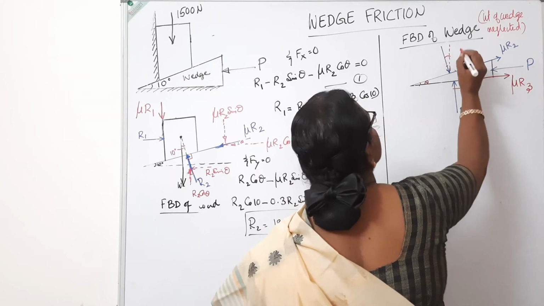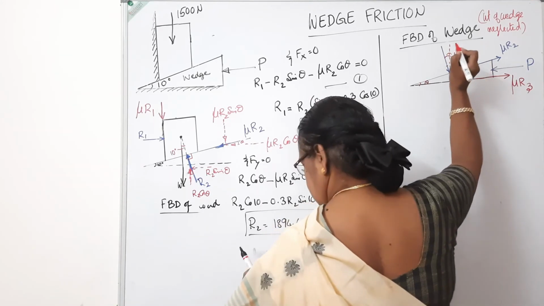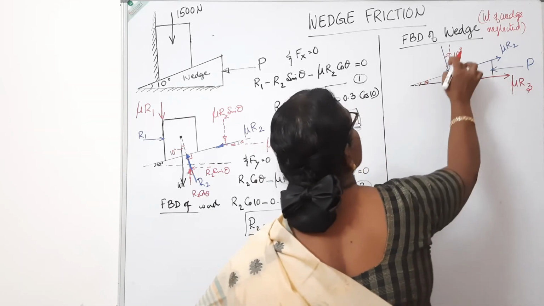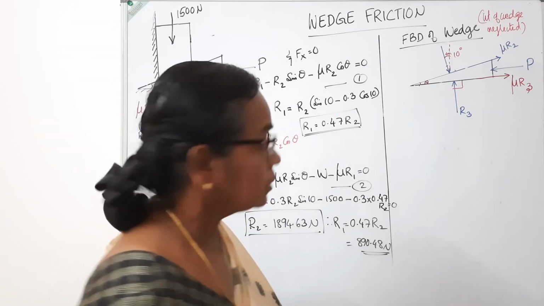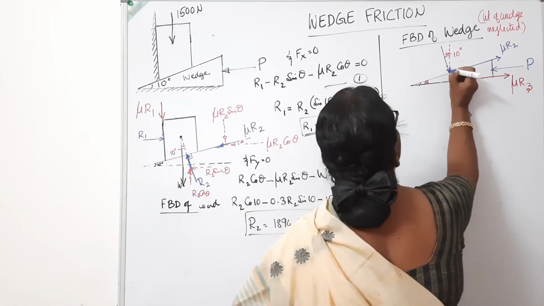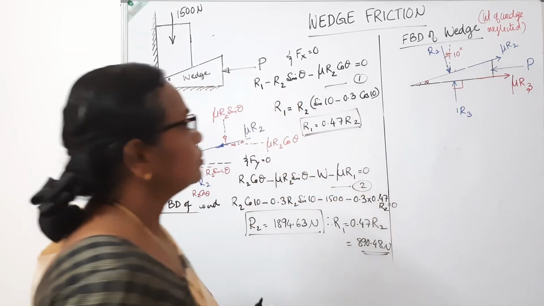This angle will also be 10 degrees. The angle between the vertical and the normal R2 is 10 degrees.